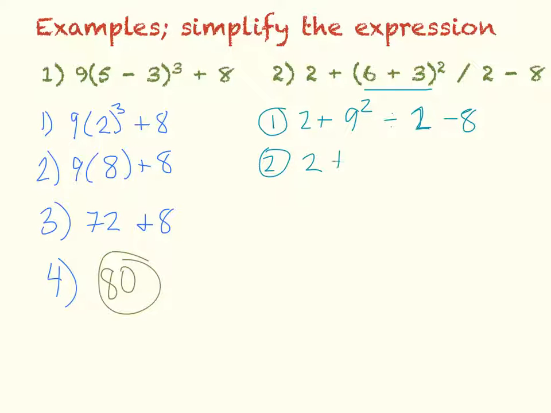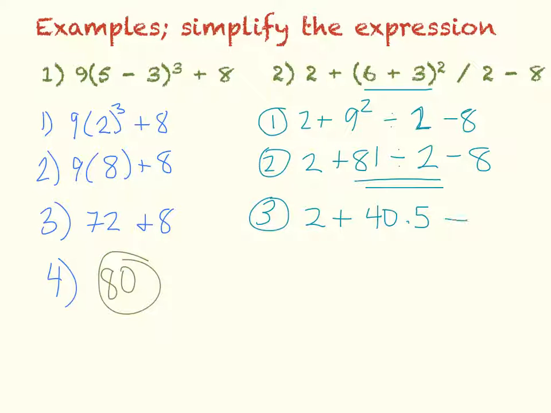So I write 2 plus 81 divided by 2 minus 8. Okay, now the next step is multiplication or division. So I have 81 divided by 2.